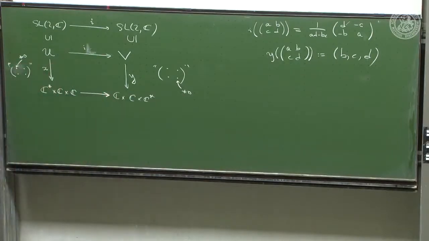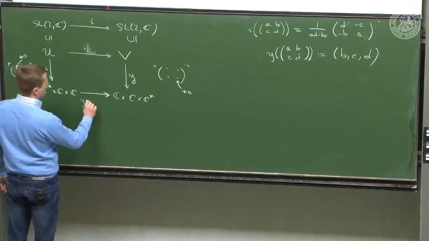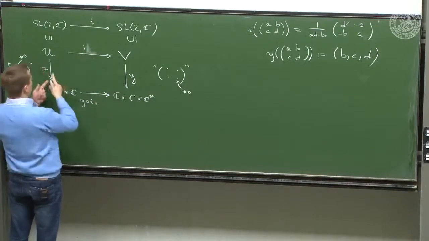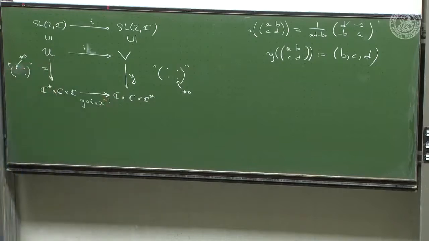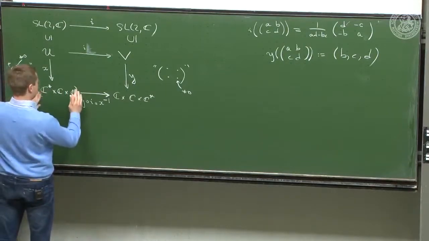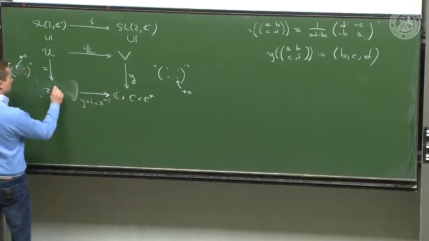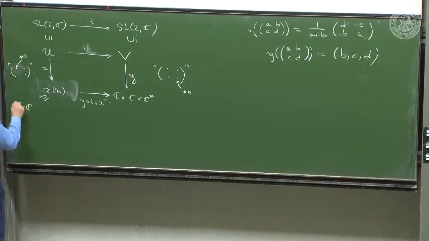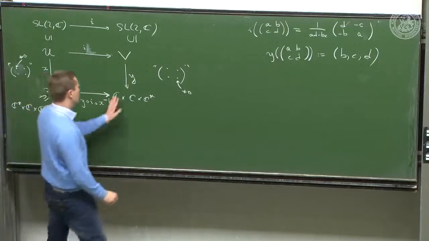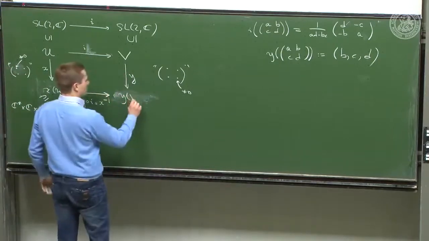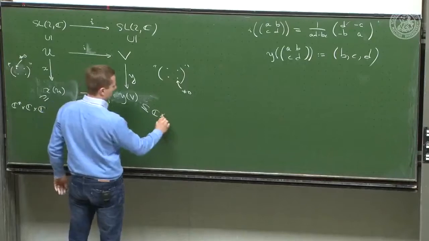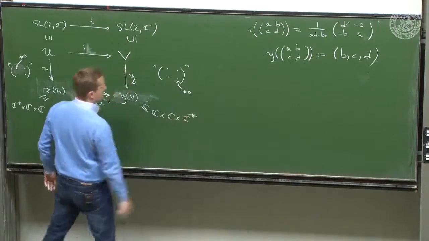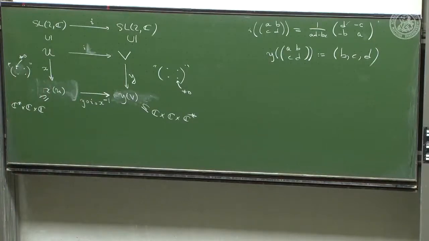Now I can construct this map, and that is Y after I after X inverse. Strictly speaking, this of course only goes to the image X of U, which by construction lies in C star, and this goes to Y of V, and that is just part of C, C, C star. That's the situation, right?